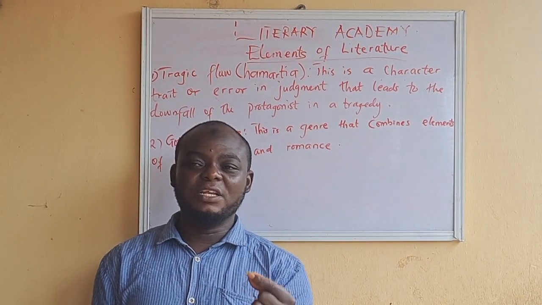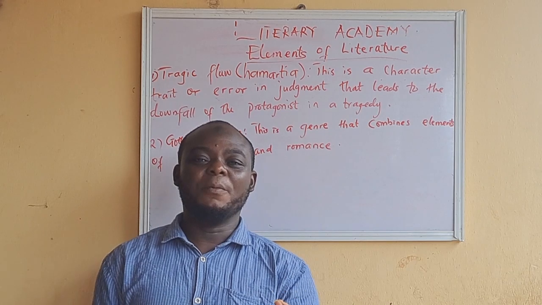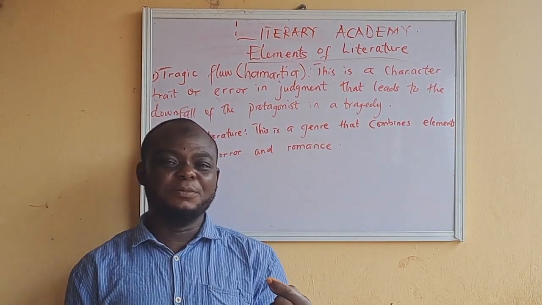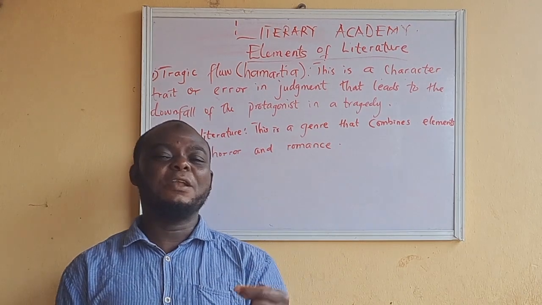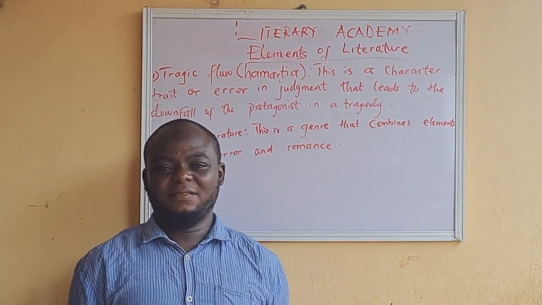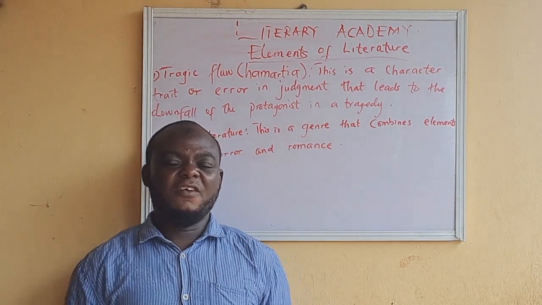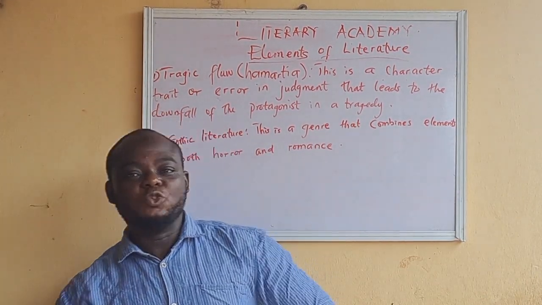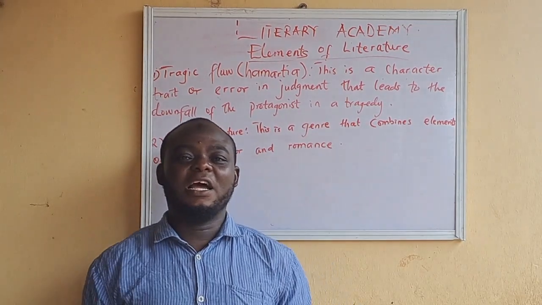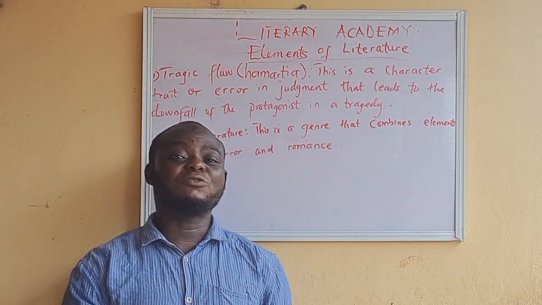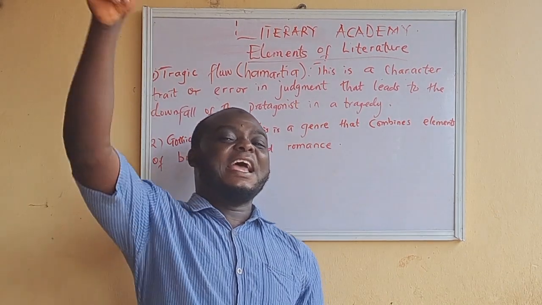The protagonist is proud because everybody loves him or her. He believes that he can do and undo, he can behave anyhow. So that particular behavior might later lead to his downfall at the end of that play.